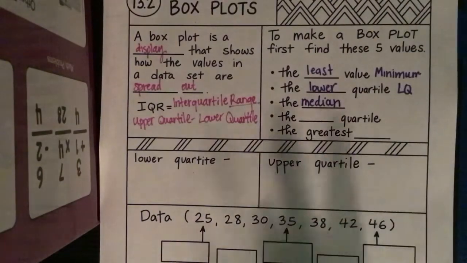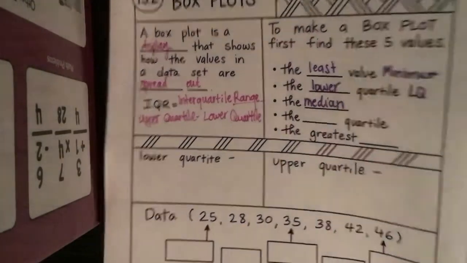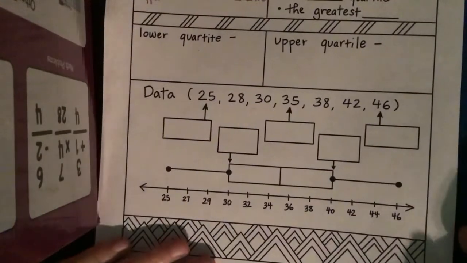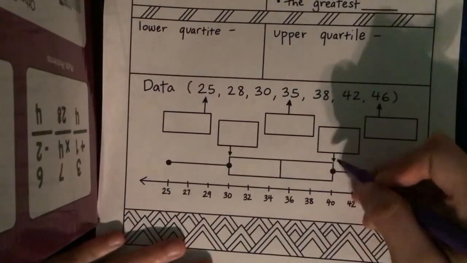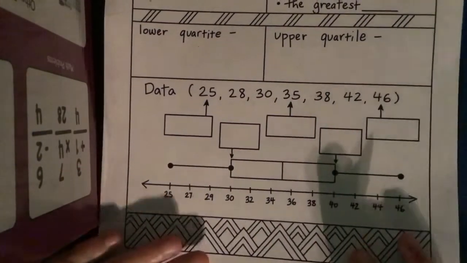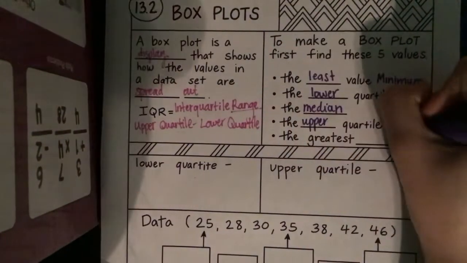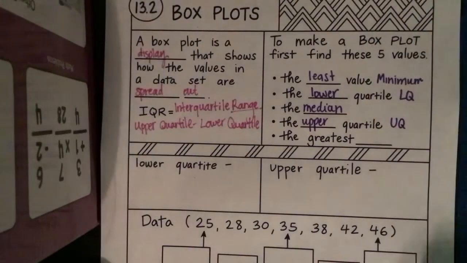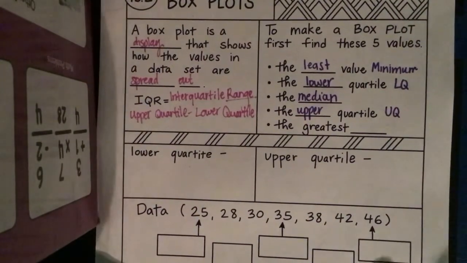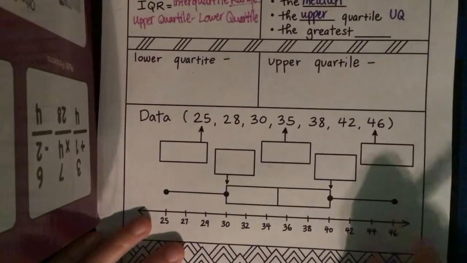And the median is right in the middle of our box. And then after the median, we have the right side of the box, which represents the upper quartile, also known as UQ. And then we have the greatest value all the way to the right, which is the maximum.